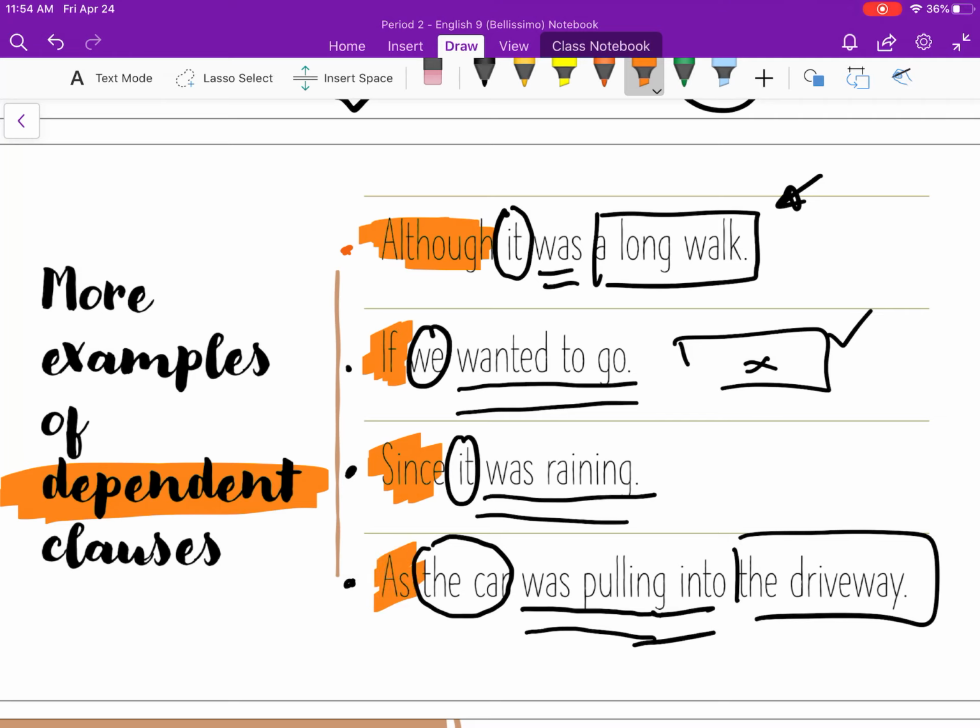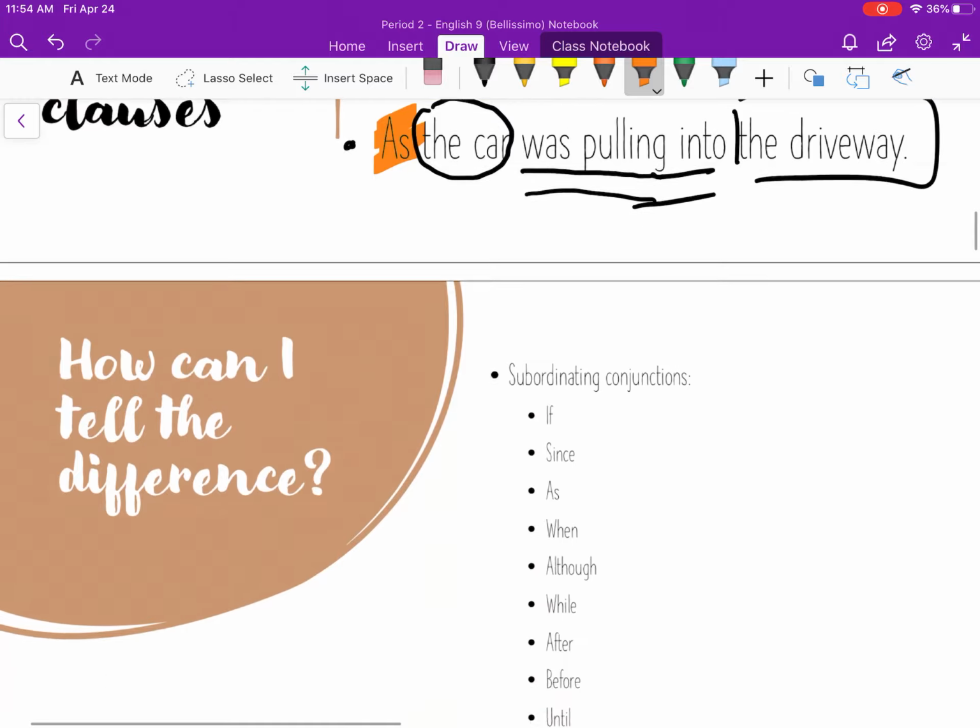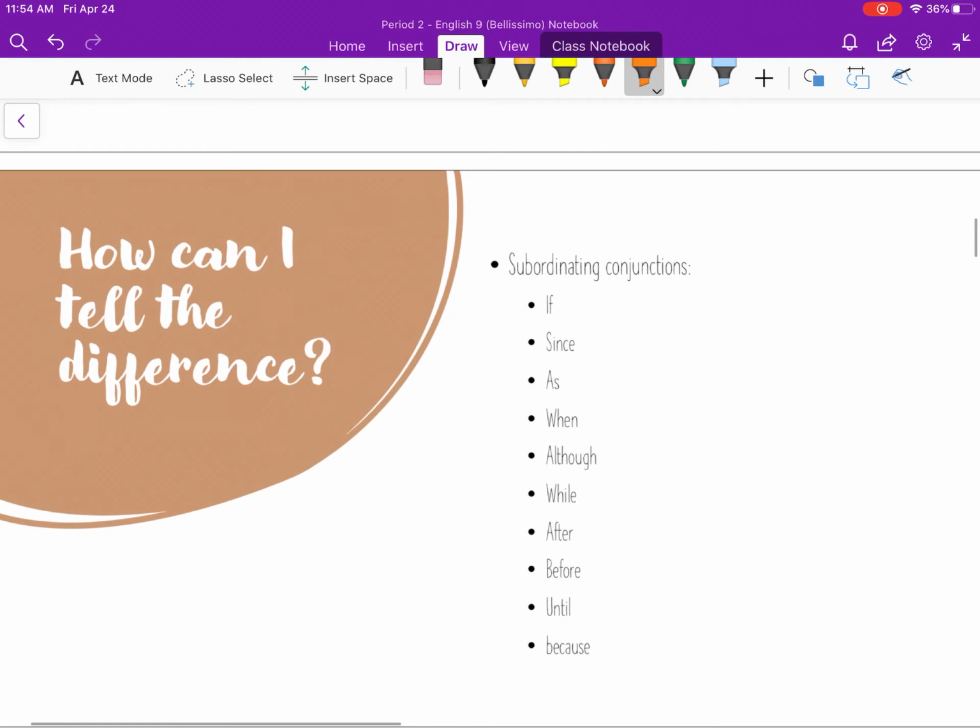Okay, so I have lovingly called these eyesores, something that kind of hurts to look at, if you will, but they're not bad. So the name of these is a subordinating conjunction. Now, if you remember, we called these dependent clauses.